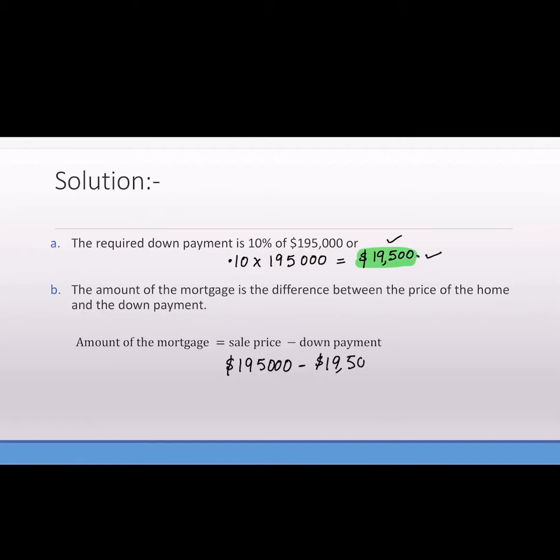I can only give you 19,500 and I'm going to mortgage, or take a loan, for the rest. So the amount of mortgage that you take is the remaining amount, which is 175,500 because you already paid them the down payment of 19,500.